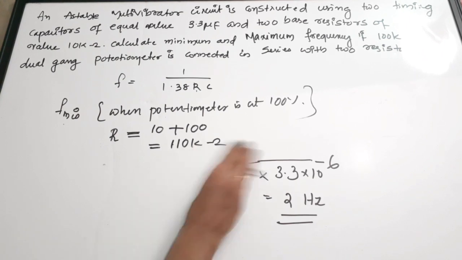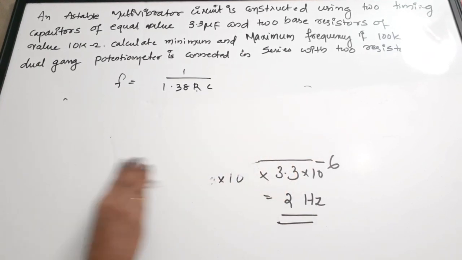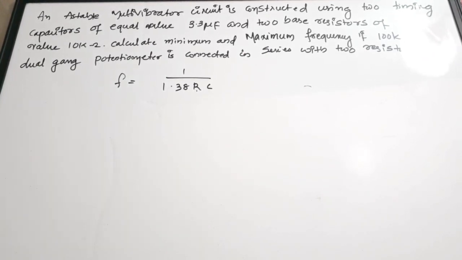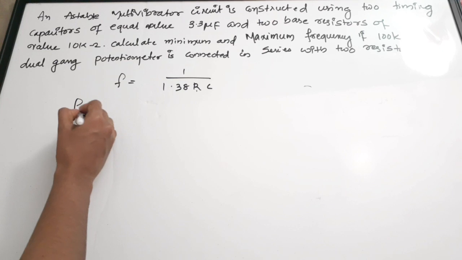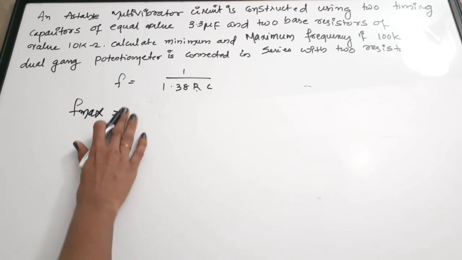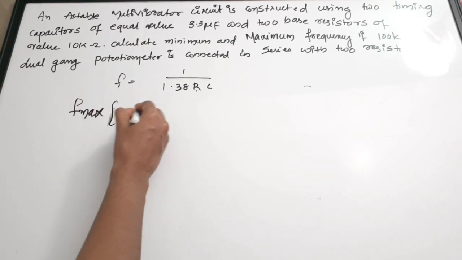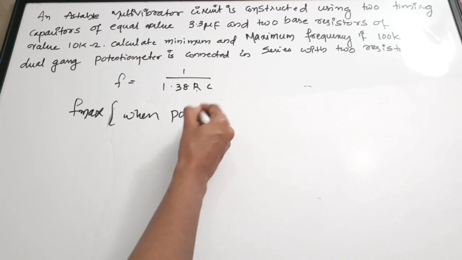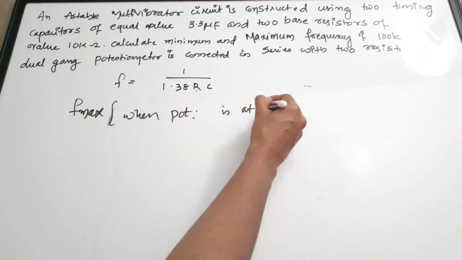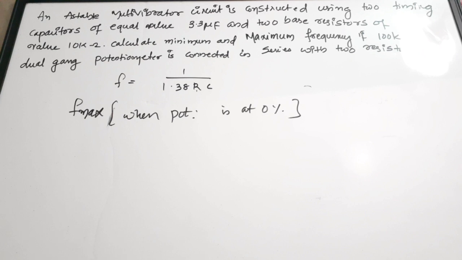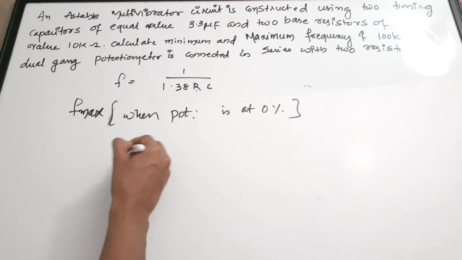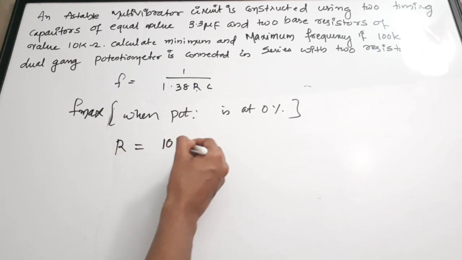In order to find the maximum frequency, the equation is the same, but the only change is in the variation of the potentiometer. So F max is obtained when the potentiometer is at 0%, or we consider that there is no resistance provided from the potentiometer side, only this 10K is there. So the resistance R is just 10K.